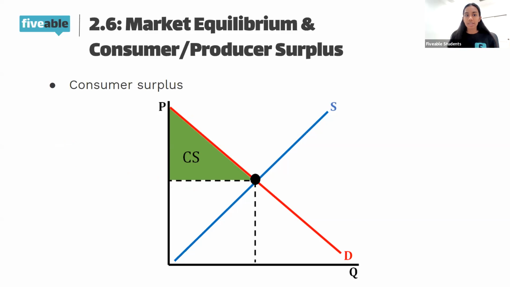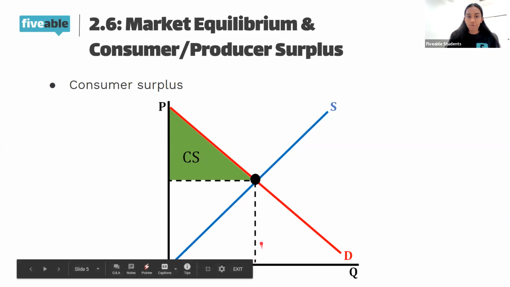That's essentially referring to this graph right here. A market is comprised of multiple individuals, so the consumer surplus in a market is all of these individuals added up to the equilibrium price.